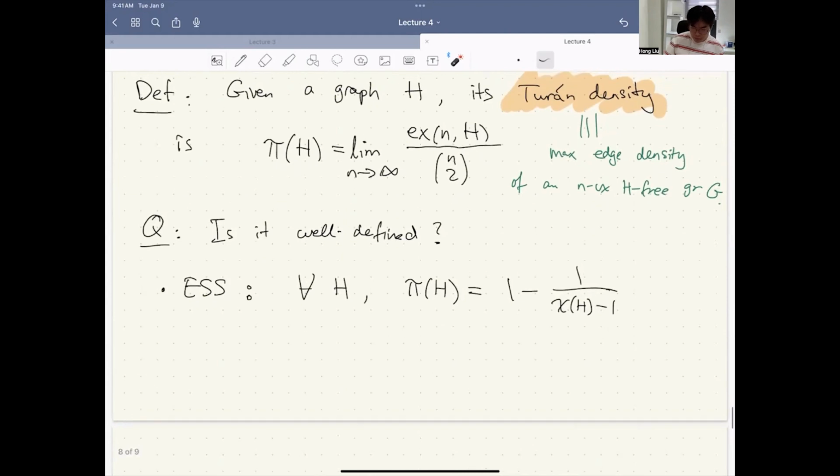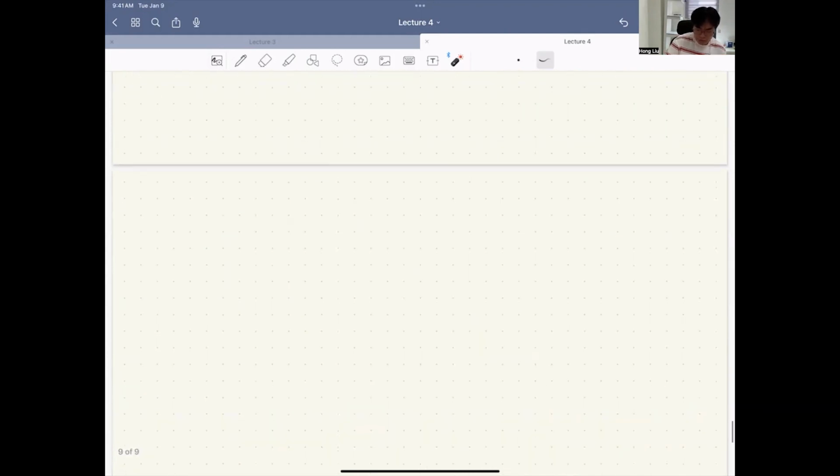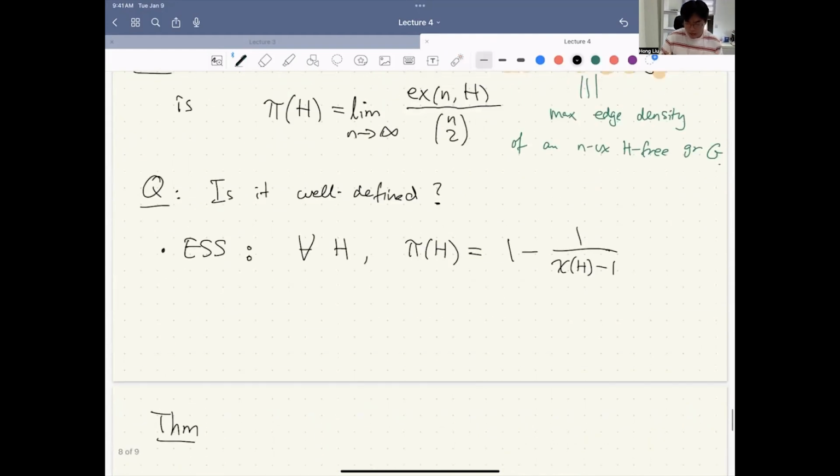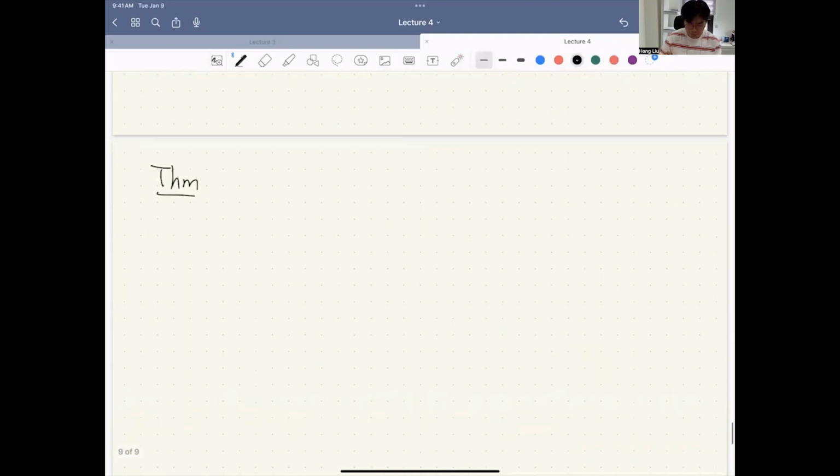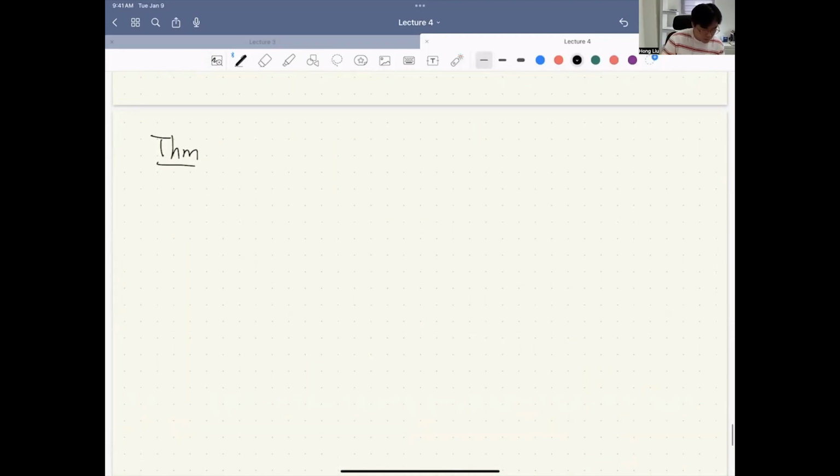So we're going to prove this theorem: that the Turán density, the limit, is well defined for any graph H. For any graph H, its Turán density exists.